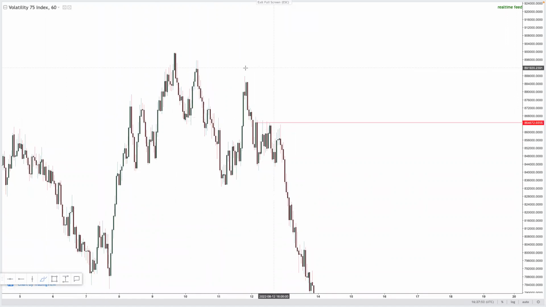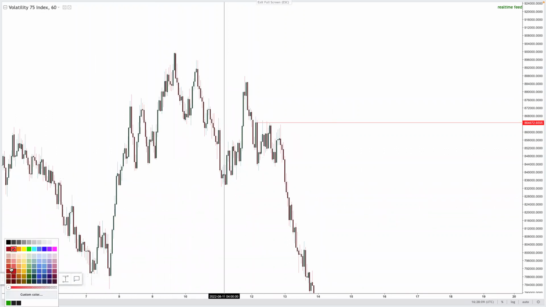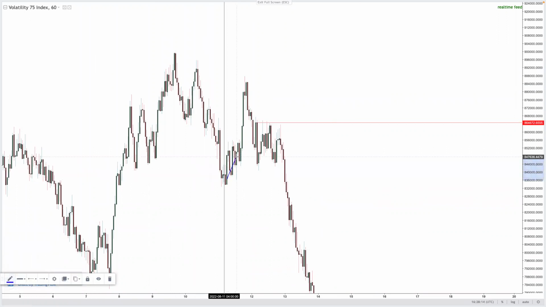Okay, so right here I'm explaining this part, from here to our right. You can see that we had an uptrend. We had this invalidation point right here, right? We broke structure. We had a new invalidation, okay?